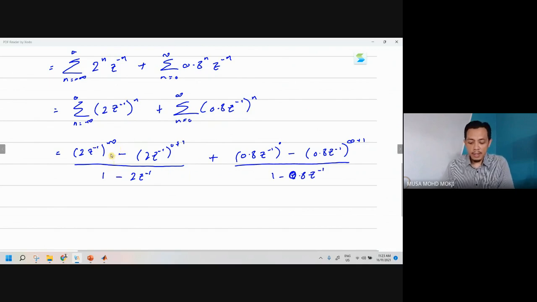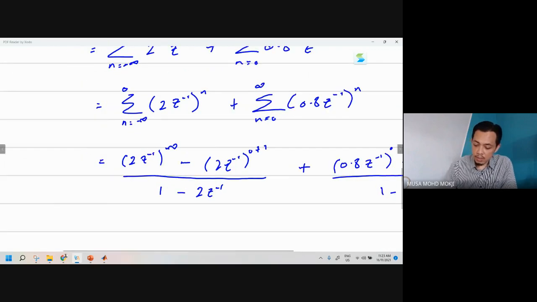Okay then, let me put this properly. This is minus infinity. And to make sure that this term converges, we need to make sure that, because this is the one that we have to the power of infinity, and this is actually minus infinity.